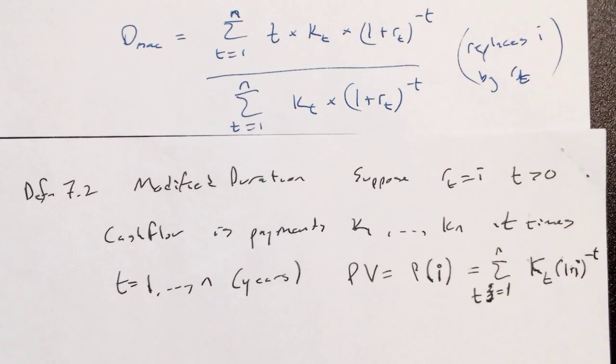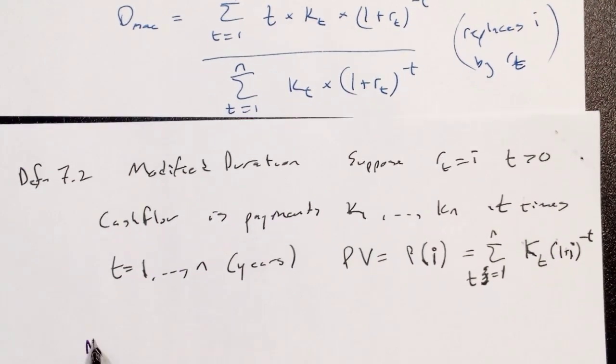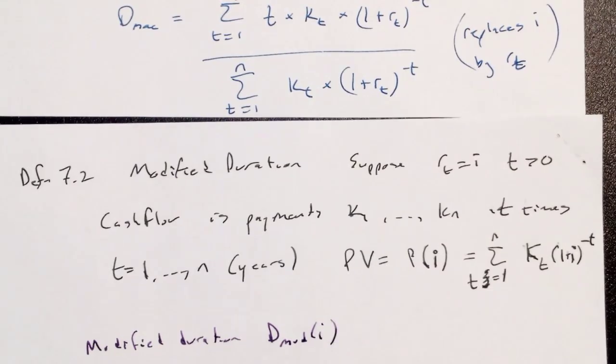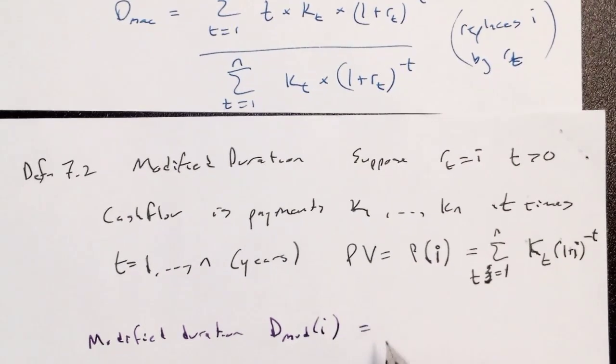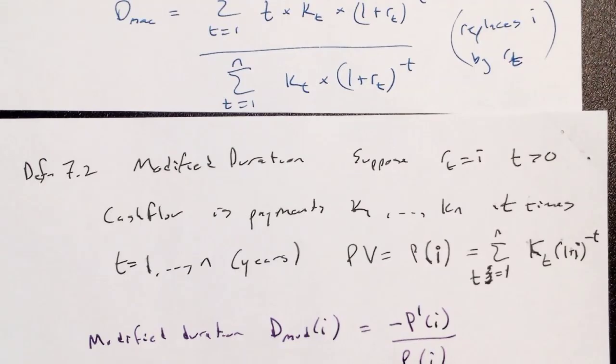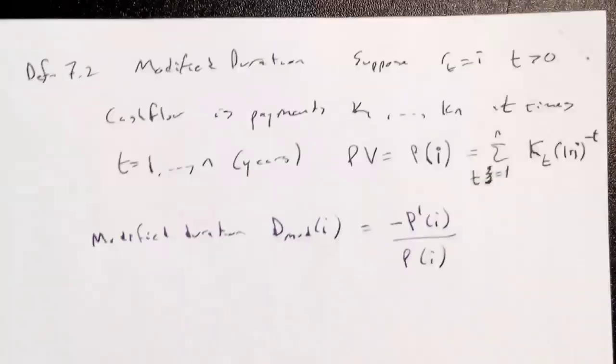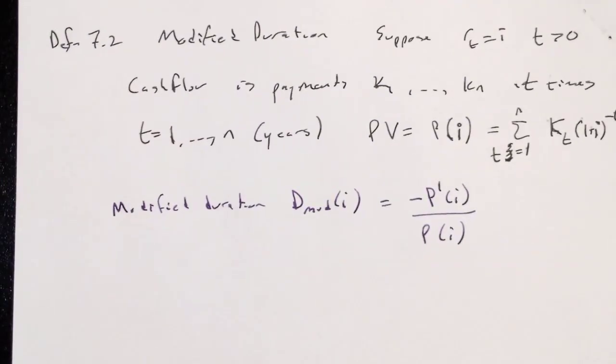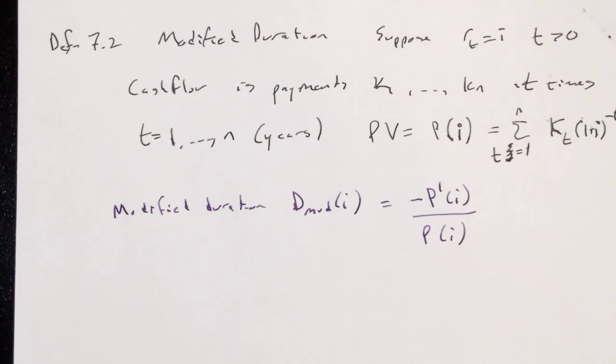The modified duration, D mod I, is a derivative. And it's not just any derivative. Once again, it's a derivative I made particular mention of back in Calc 1.